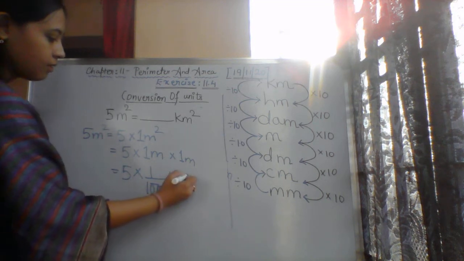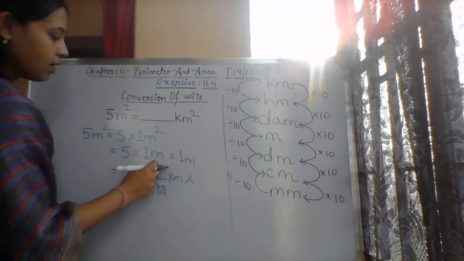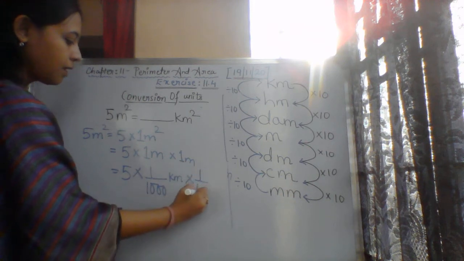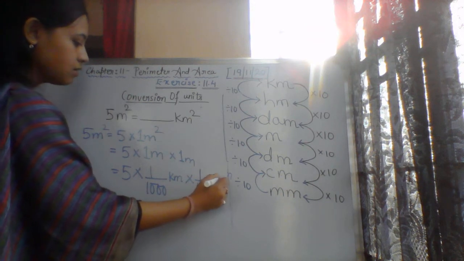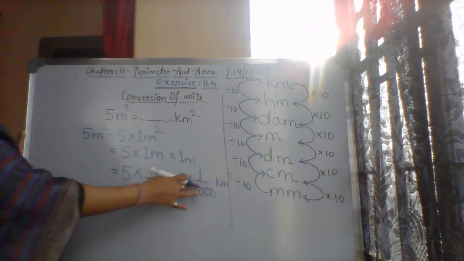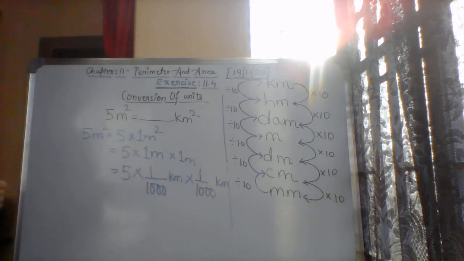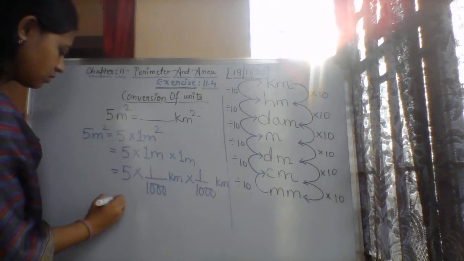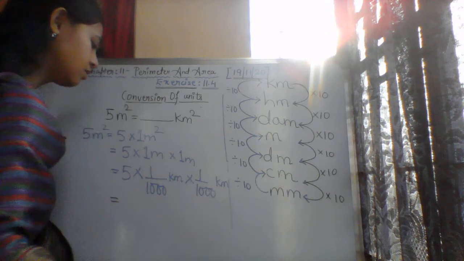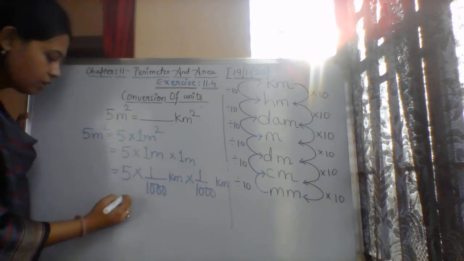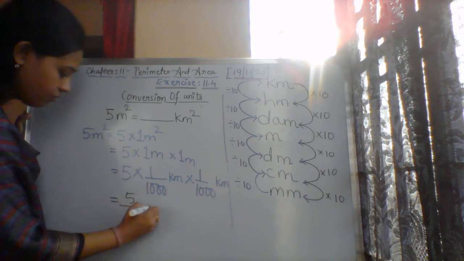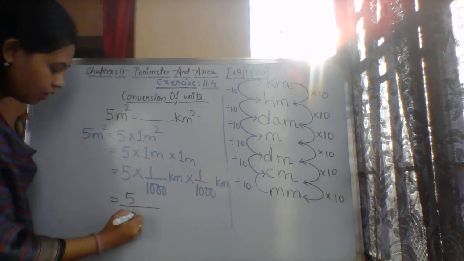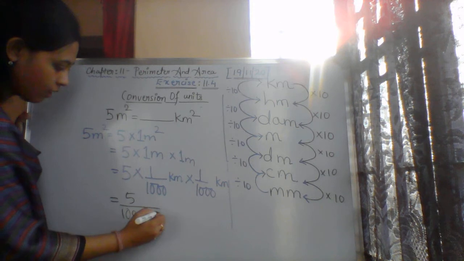Okay. Multiply. Again this 1 meter, so 1 by 1000 kilometer. Okay. Now, how much this will come? So, it will come 5 divided by 1, 2, 3, 4, 5, 6.